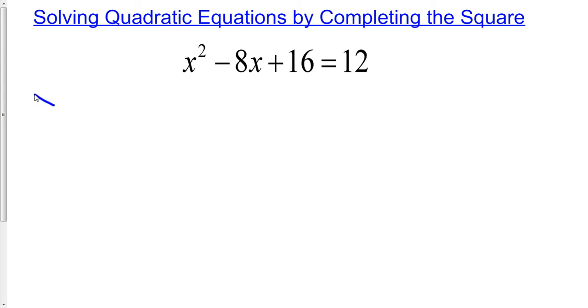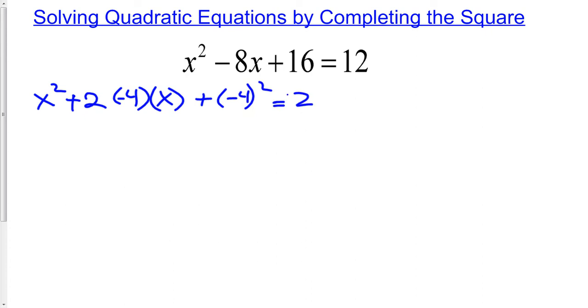It's in the form of x squared plus 2 times minus 4 times x plus minus 4 squared. So what I'm looking at on this side is x minus 4 times x minus 4.